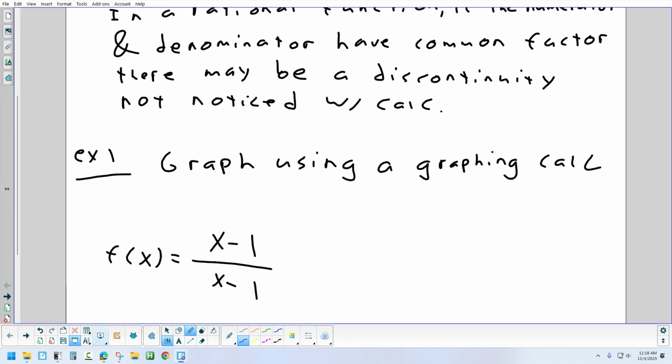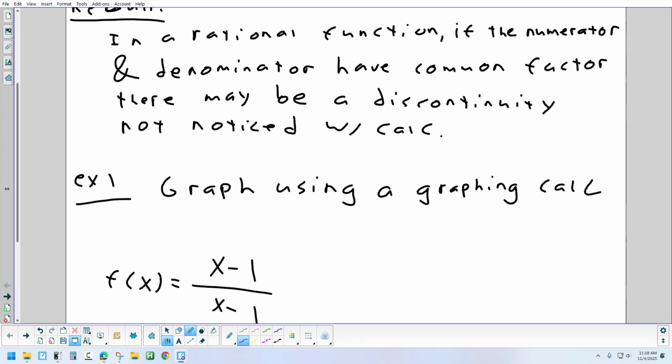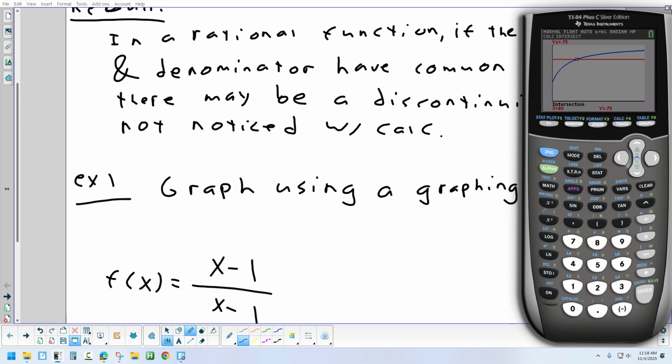Let's think about this one before we graph it. F of x equals x minus 1 over x minus 1. Is there a value you could plug in for x that would cause you to divide by 0? 1, yeah. So let's try it. X minus 1 divided by x minus 1.